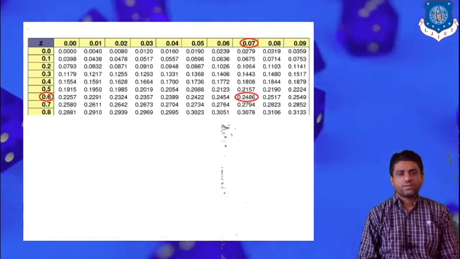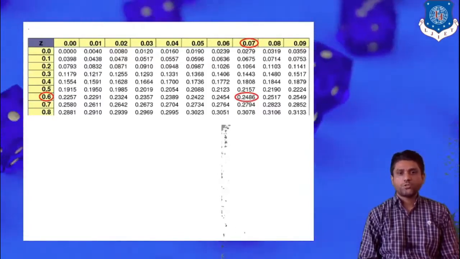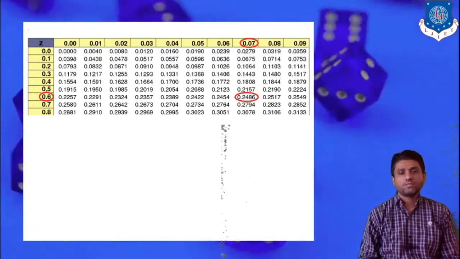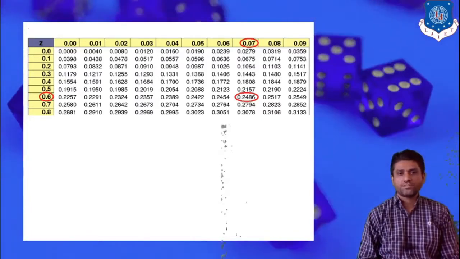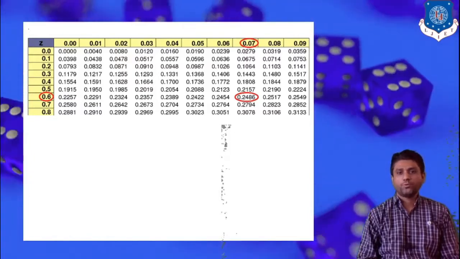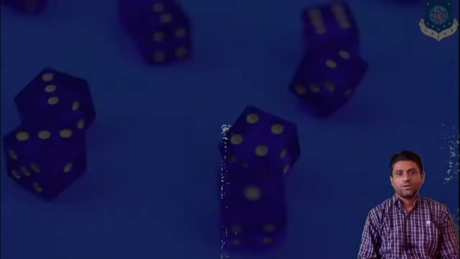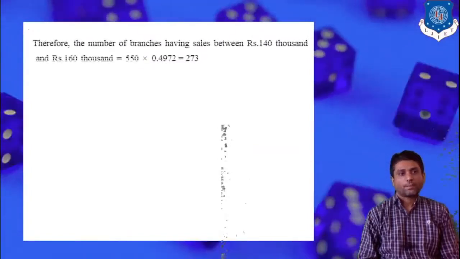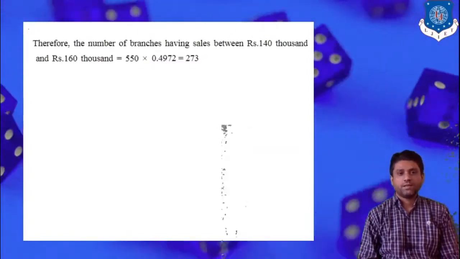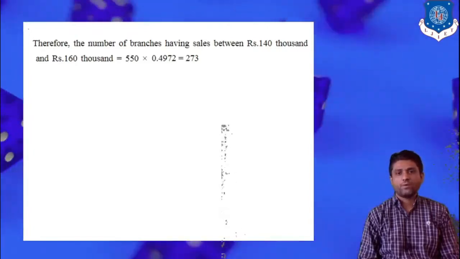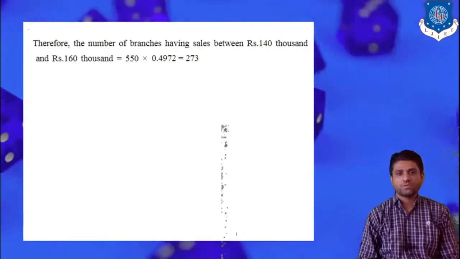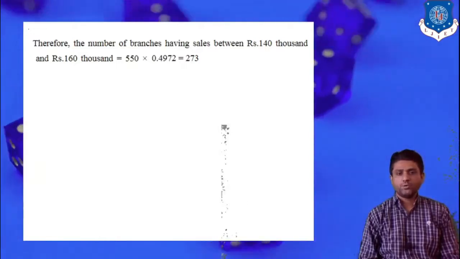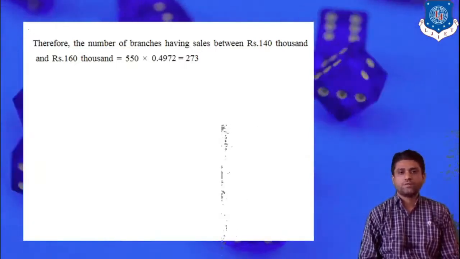See here, 0.6 and 0.07 are highlighted, so it shows the probability of Z falling in the interval 0 to 0.67 is 0.2486. So finally we conclude that the number of branches having sales between 140,000 and 160,000 is 550 into 0.4972, which is exactly equivalent to 273.